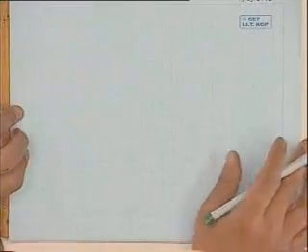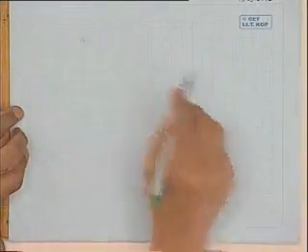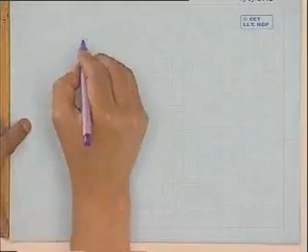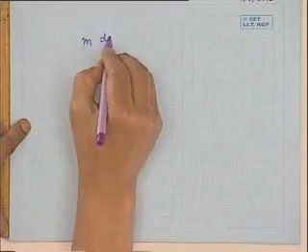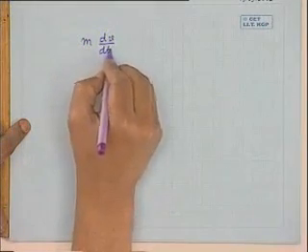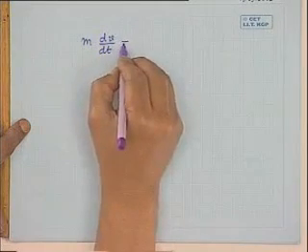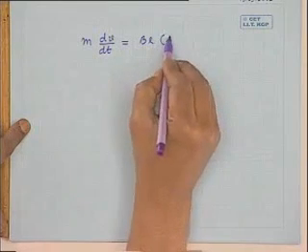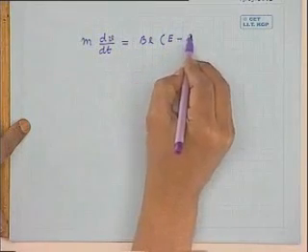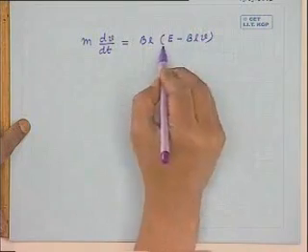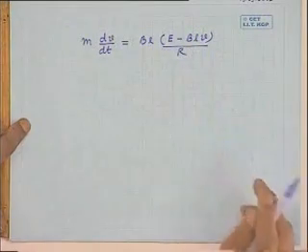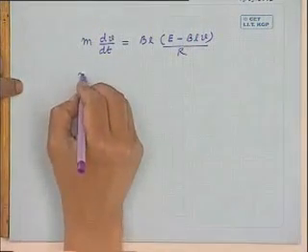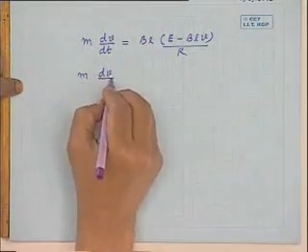If that be the current, then we can find out very quickly the equation of motion. That is m dv/dt equal to BL into I. But I is now equal to (E minus BLV) over R, where R is the total resistance in that circuit.